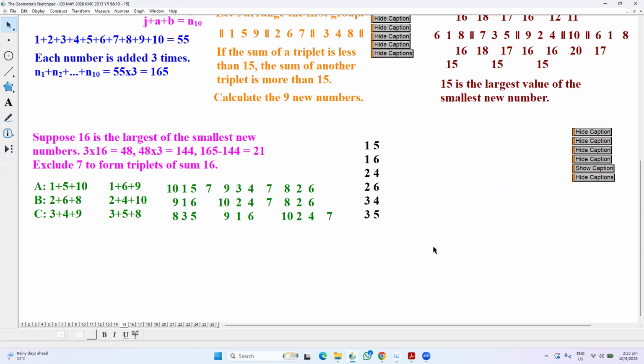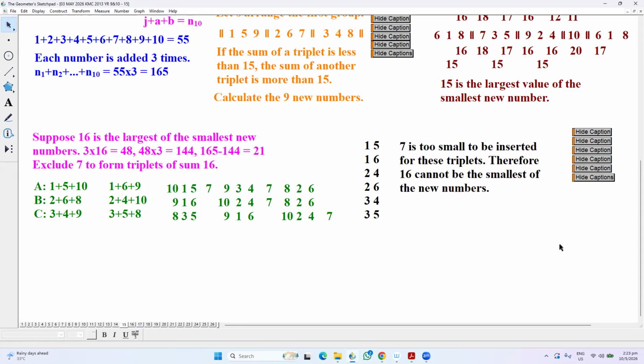So 7 is too small to be inserted for this triplet. Therefore, 16 cannot be the smallest of the new number. That's the proof that their answer is wrong. Okay, we go to the next question.